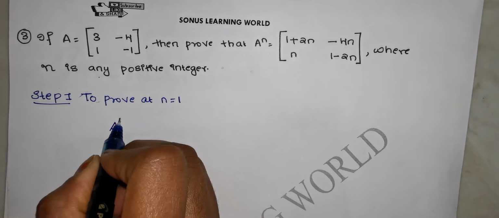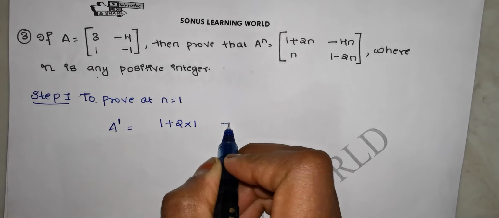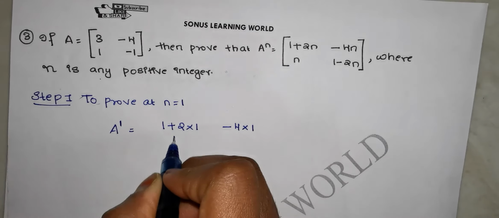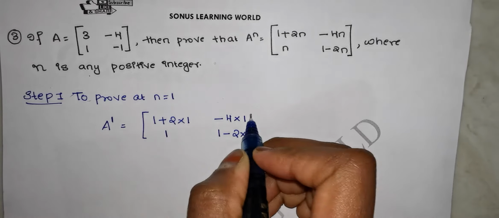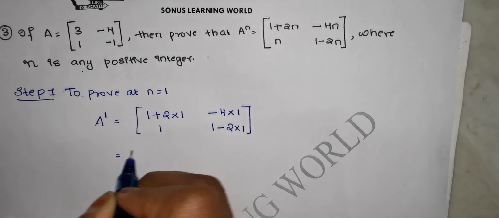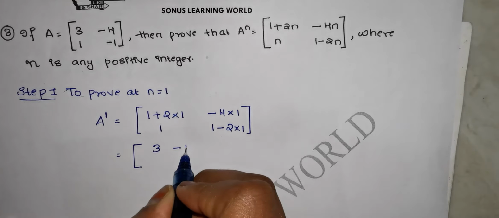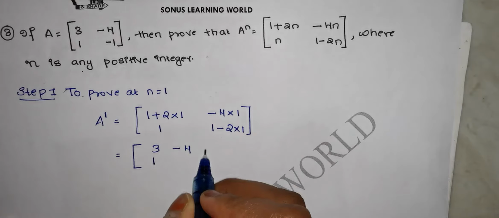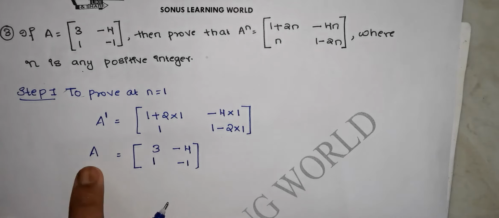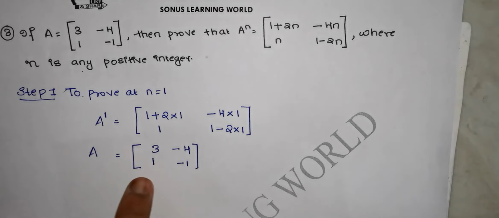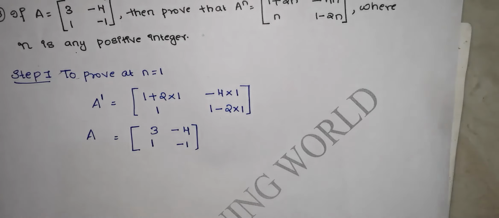So A raised to 1 is equal to [1+2(1), -4(1); 1, 1-2(1)]. Our answer is [3, -4; 1, -1]. A means this matrix [3, -4; 1, -1]. So both LHS and RHS are the same.